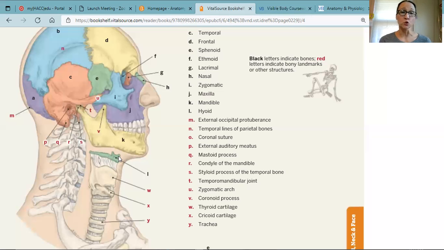Now, the hyoid bone is truly a floating bone. It does not articulate with any other bones at all. It sits in here and is only held in place with connective tissue and some cartilage. So it is not a bone that articulates with any other bone, so it doesn't have any articular surfaces. It's right here. You can move it back and forth, which is super weird to do.